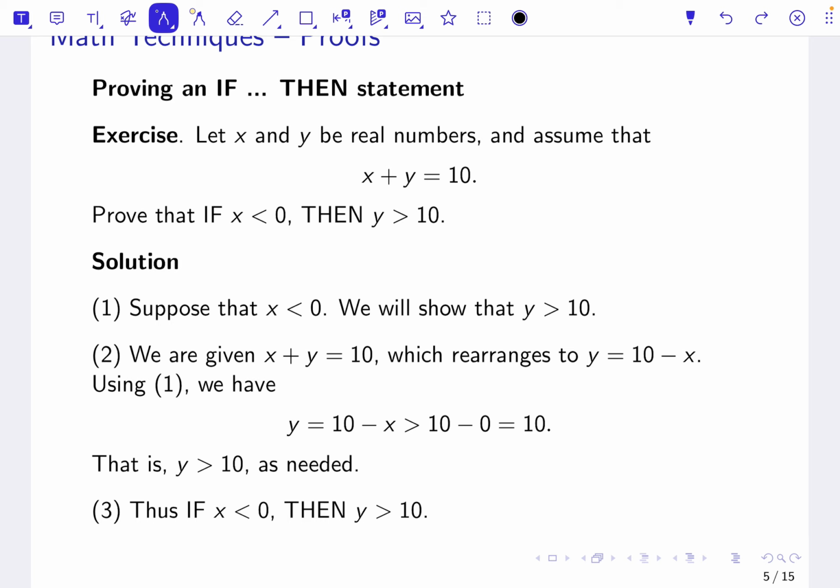It takes on the exact same form. We assume a value for x as described earlier, rearrange the equation to be in terms of y, and then solve for y within an inequality to get exactly what we want.